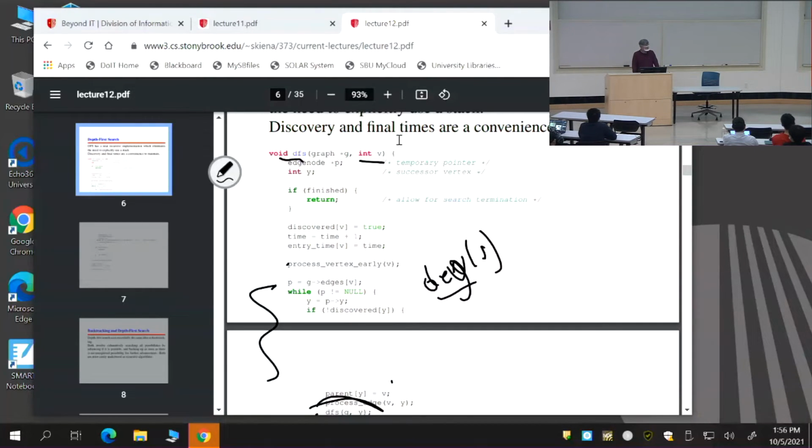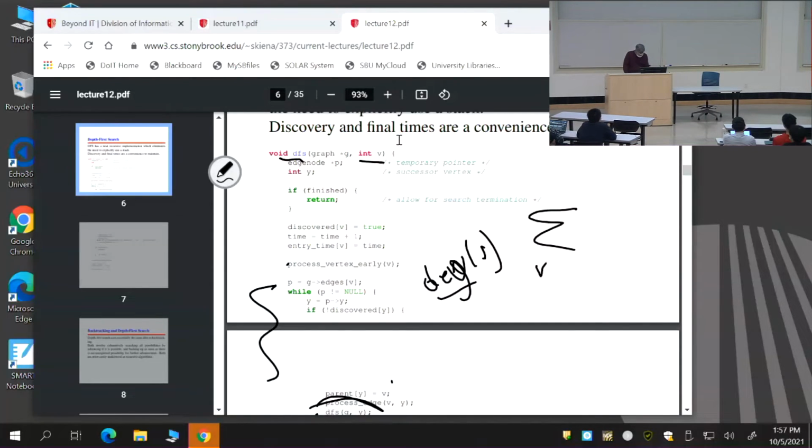Every vertex in the graph is going to eventually get called to be the root of a DepthFirst Search tree under it. The time that vertex is going to process is going to be the degree of V, and we're doing that for every single edge, right? So what is the running time going to be?